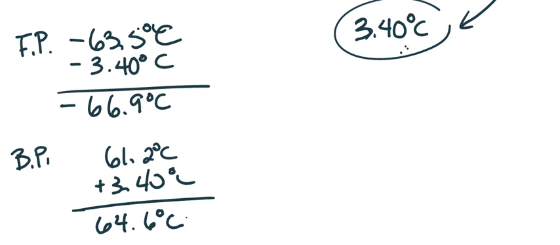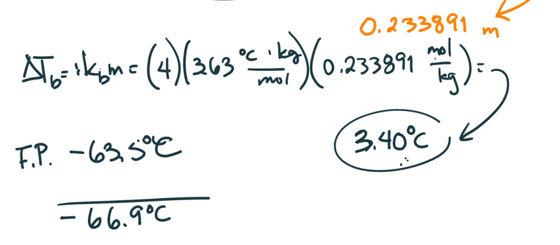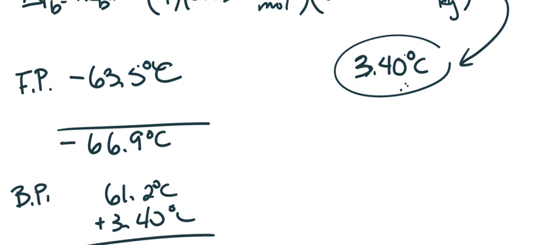Let's fix this over here. I used the boiling value for that one. We don't want to do that. Let's use the freezing. So the freezing was the delta F, 4.4. Okay, I was like, what? Alright, 4.4. So that probably means I need to change that number as well.